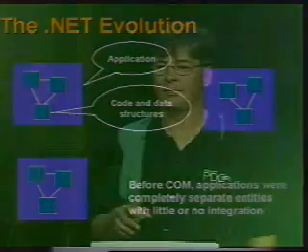Before COM, applications were basically completely separate entities with little or no integration. At best, perhaps, you could share data between applications using files, comma-separated files, or whatever. But there was clearly a need for deeper integration.